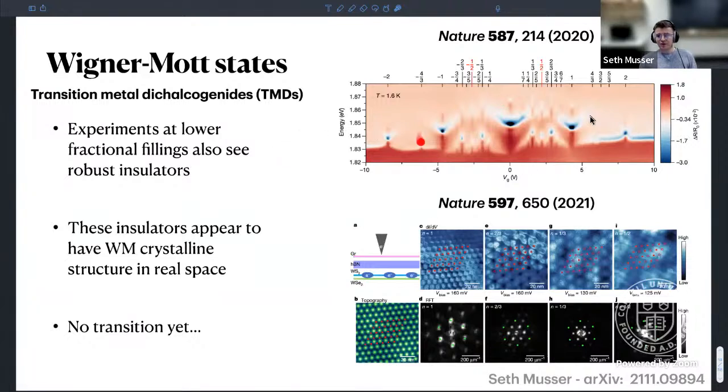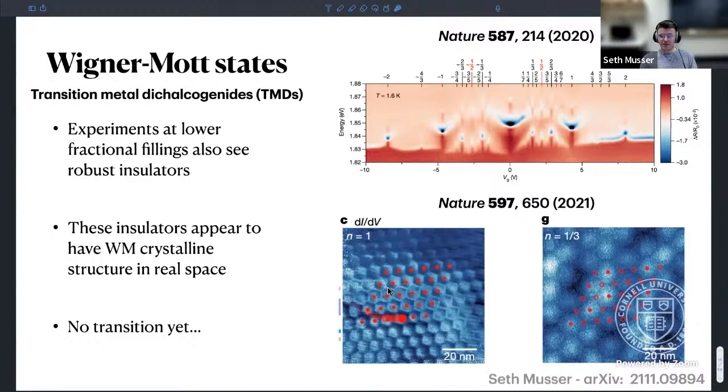This is a figure from one of Phai's papers, and I just want to draw your attention to the 1/3 fractional filling in charge. So that's 1/6 in electrons. And they're able to see an insulator here. That's the blue area. And the group at Berkeley took a look using STM in real space. What do these things kind of look like?